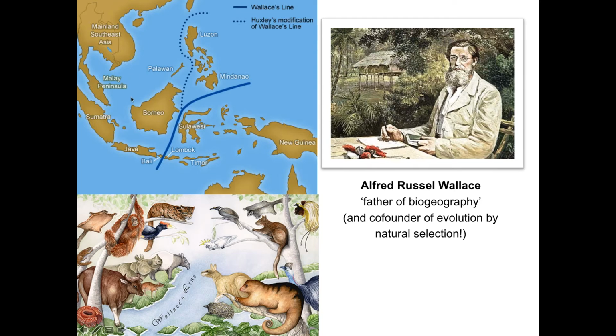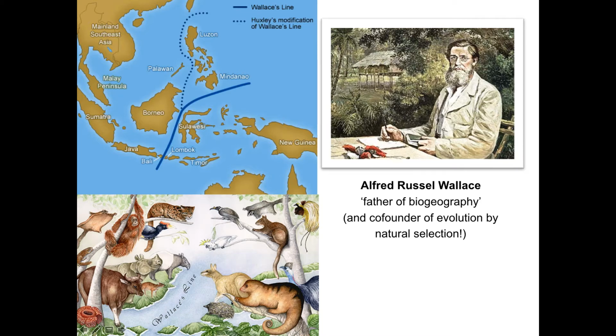On the Asian side of Wallace's line, you get things like primates and cats, and ruminants, and flying rodents, and hornbills. In terms of birds and mammals, deer, rhinoceros, tapir. And on the Australian side of this Wallace's line, you get a completely different suite or distinctly different groups of animals.